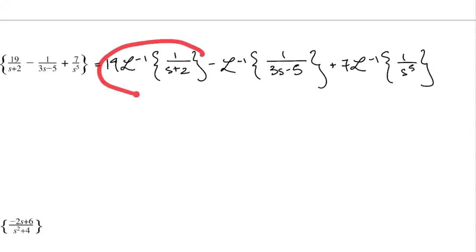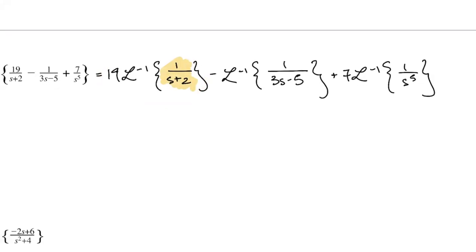Let's begin with the first one. I have 19, the inverse Laplace of 1 over s plus 2. One thing I want to note is this looks a lot like line number 2, so I'm going to put a number 2 here to keep track of which line on the table we're referring to. But the small twist for this first one is that A is not 2.